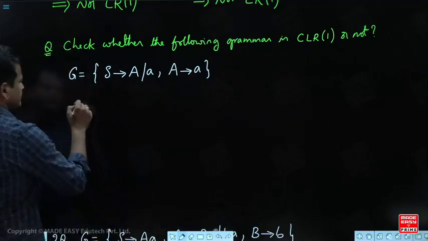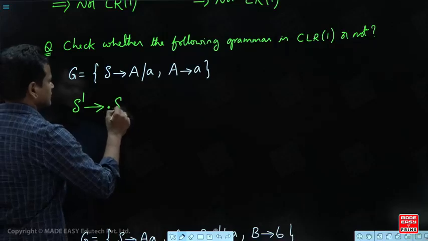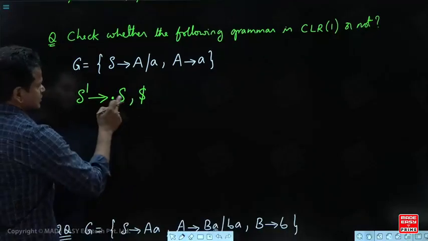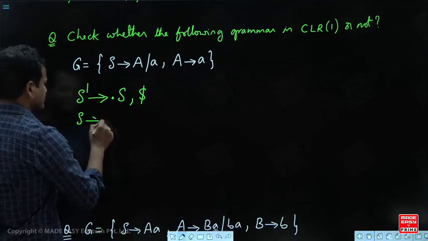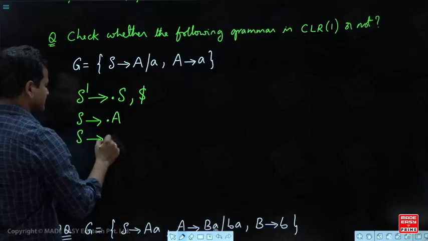Initially, we must add S' → .S, $. Now dot is before S, therefore add every production of S. S has two productions: one is capital A and the other one is small a.